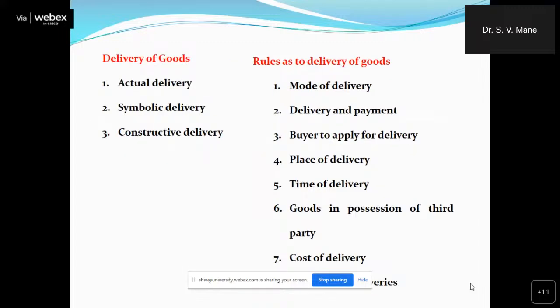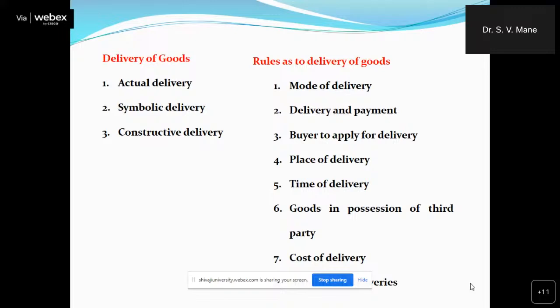Next, delivery of goods. According to Section 2 subsection 2 of the Sale of Goods Act, delivery of goods means the voluntary transfer of possession of goods from one person to another, that is, from seller to buyer. Delivery of goods can be done by actual delivery, symbolic delivery, or constructive delivery.